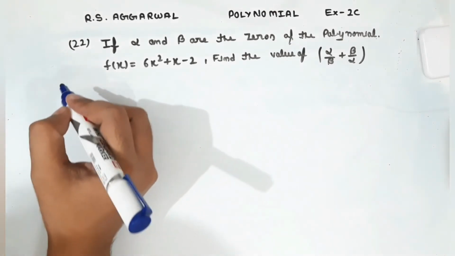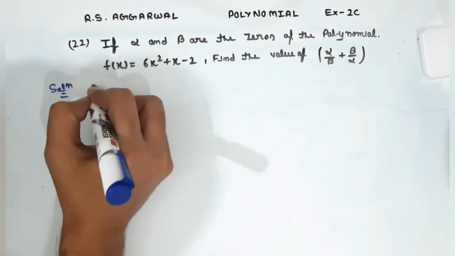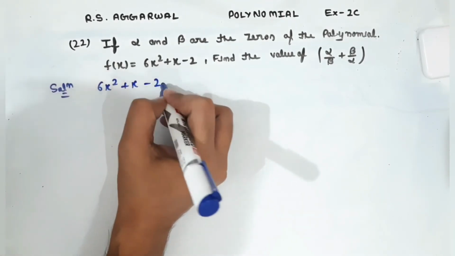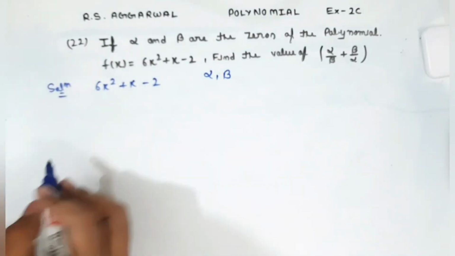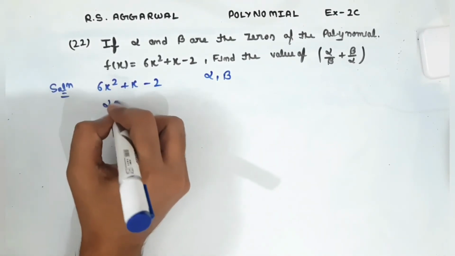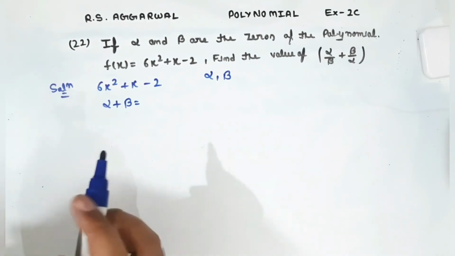In this problem, we have given a quadratic polynomial 6x square plus x minus 2 whose zeros are alpha and beta. So for this polynomial, the sum of zeros will be equals to alpha plus beta, that will be equals to minus b upon a.